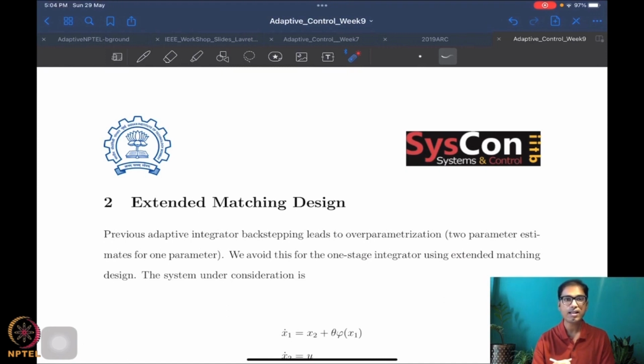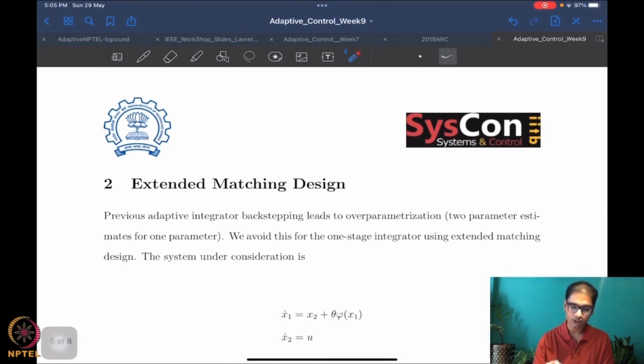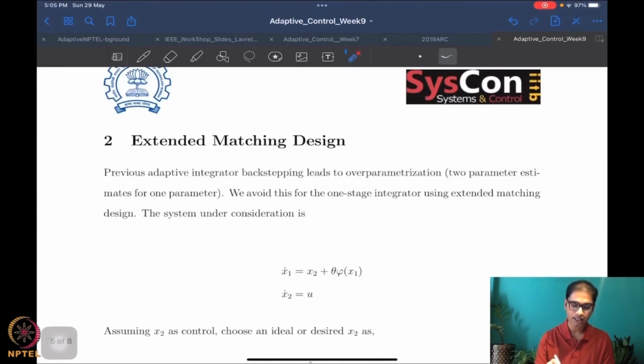So that is the idea of extended matching design: how to overcome this sort of over-parameterization. I will not start it now in this lecture, but the system that we consider is almost exactly identical. That is, you have this kind of a setup.